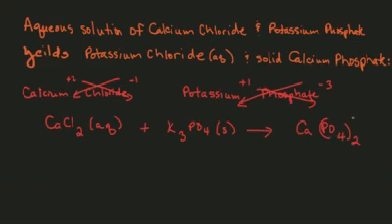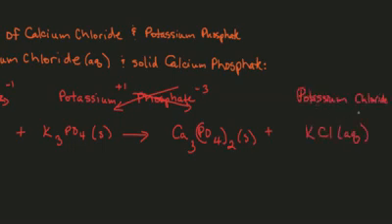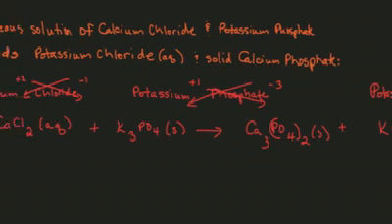And then the -3 that was a charge for the phosphate becomes a subscript for the calcium. And that's solid. And then we write plus the final thing, which is potassium chloride. Potassium chloride is another ionic compound, metal nonmetal, so it's going to be KCl, and we write down aqueous. Alright, so there's step 1, unbalanced equation.